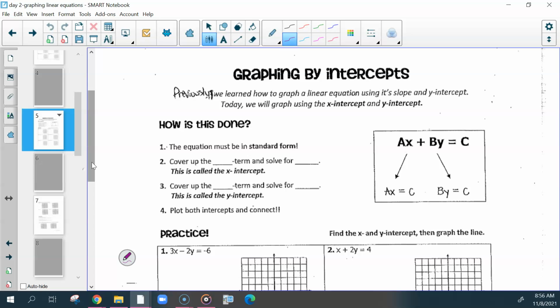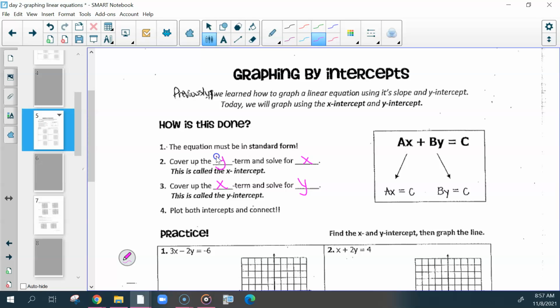What we are not doing is solving this or finding our slope and y-intercept. This is kind of the same thing as when we were finding intercepts from the equation, like on Khan Academy and some of the other examples we did in class. These blanks are: cover up the y term, solve for x; cover up the x term, solve for y. So the cover up is putting 0 in.